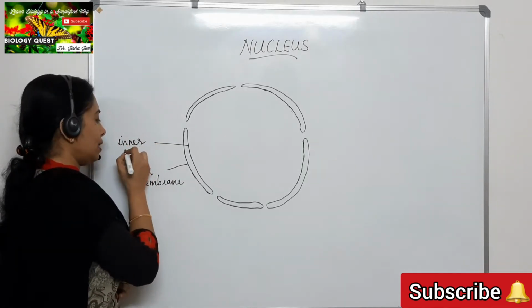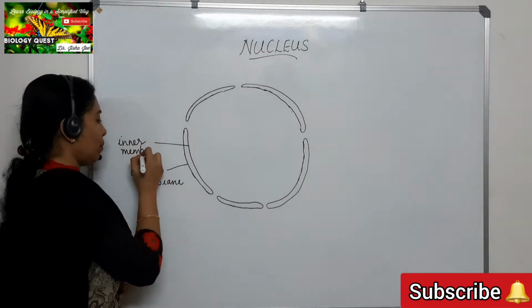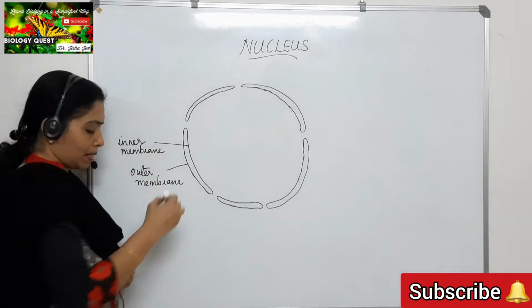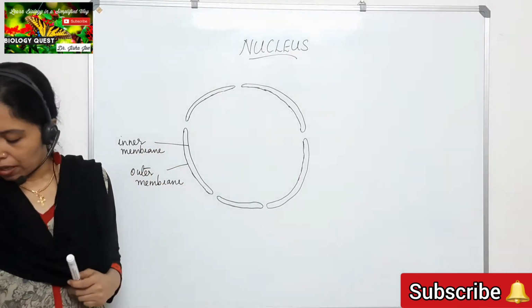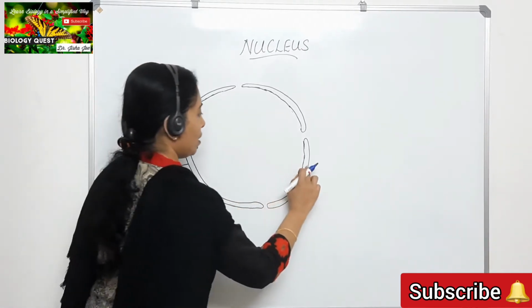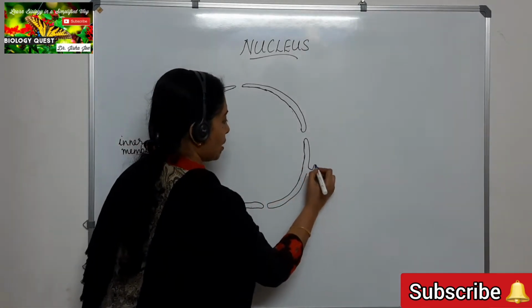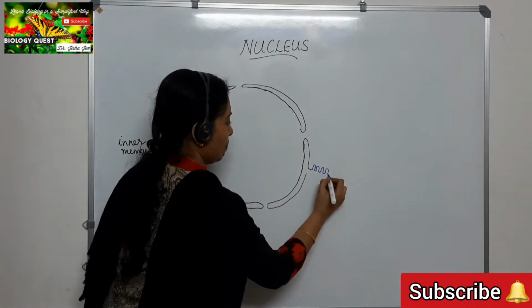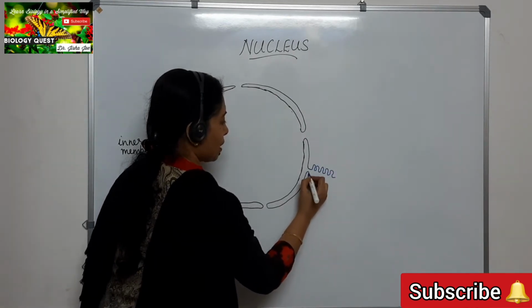If you look at the outer membrane, it will have ribosomes and sometimes it will be continuous with the endoplasmic reticulum. That is the endoplasmic reticulum there.